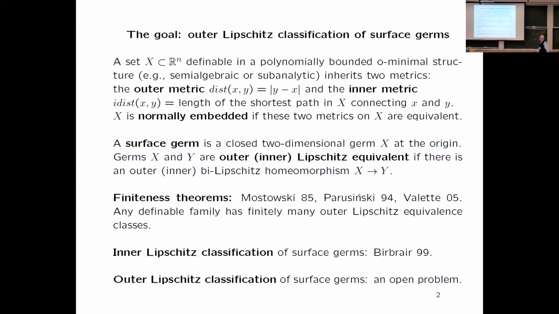The inner metric is always longer than the outer metric, and you can classify sets up to the inner metric, and that was done by Lev Birbrair in '99, quite a long time ago. And then immediately the natural question was, what about the outer metric? The problem is still open, but we are pretty close, I believe, to solve it with Lev.